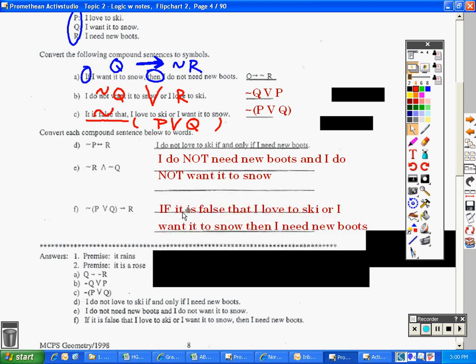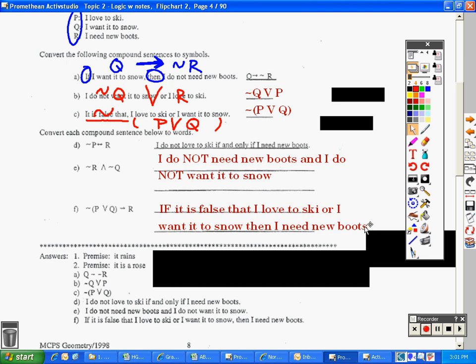So if it is false that, P or Q. If it is false that I love to ski or I want it to snow, then R. I need new boots.